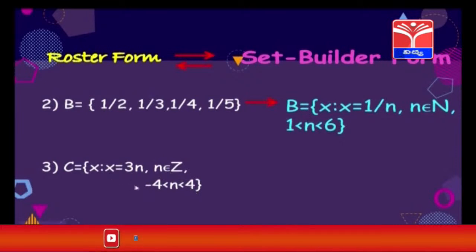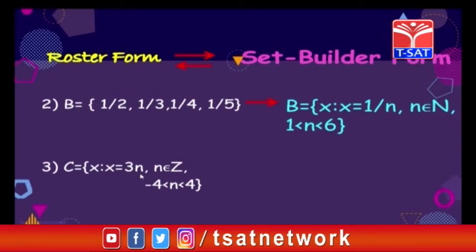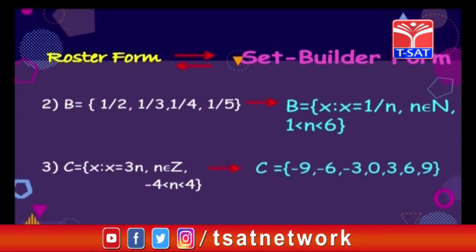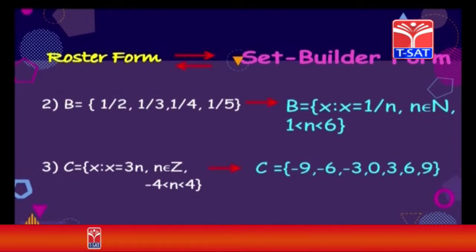Understand the property here, children. x should be a multiple of 3, where n we are considering integers taken in between minus 4 and plus 4. So, if I have to write this set builder form in roster form, I can write it as C is equal to minus 9, minus 6, minus 3, 0, 3, 6, 9.